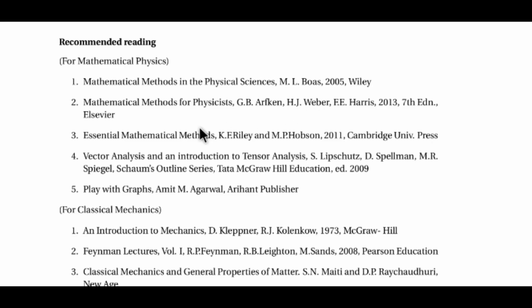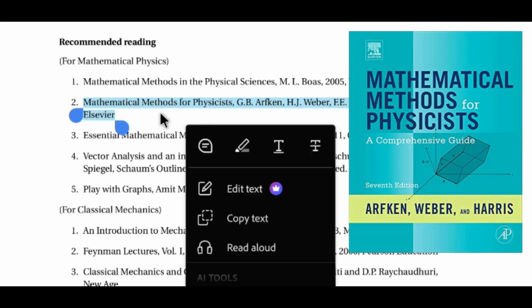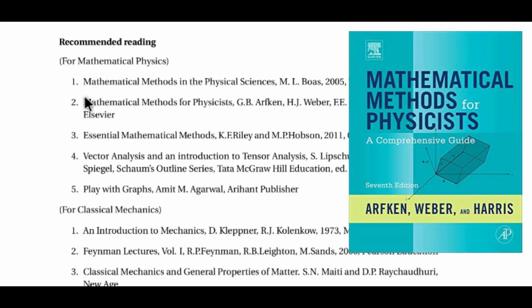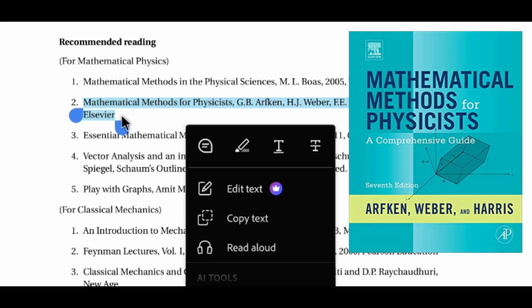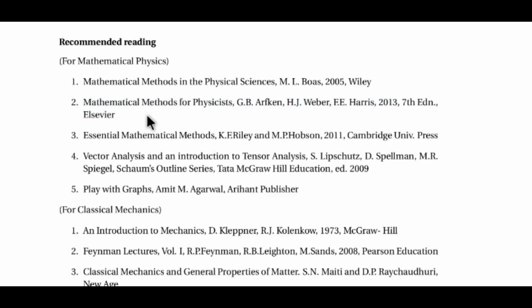Also you can follow Mathematical Methods for Physicists by Arfken. This book is very advanced, so if you have already covered H.K. Das and Spiegel, then you can go for Mathematical Methods for Physicists.